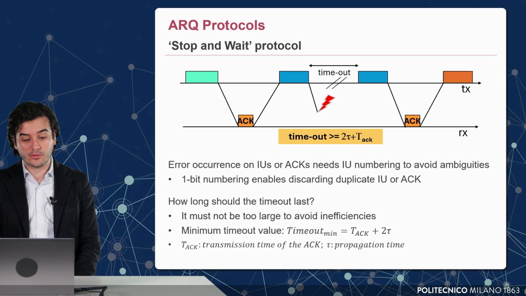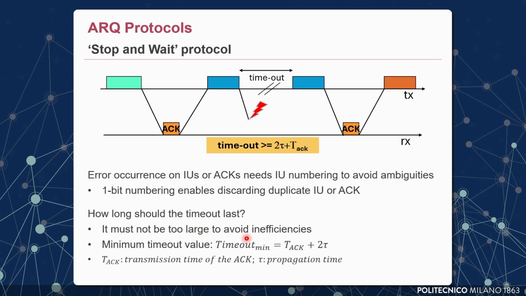In fact, it should not be too large because it could make the communication not very efficient. So the minimum timeout value which is defined is TAC plus 2 tau. In this case, the TAC is the transmission time of the acknowledgement message, and tau is the propagation time.